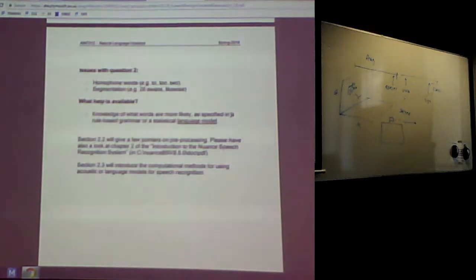So the acoustic model is about what sounds follow each other. And a language model is about what sequence of words is more likely. The grammar says these words are legal sentences. And you have a long list of legal sentences. They all have the same likelihood.